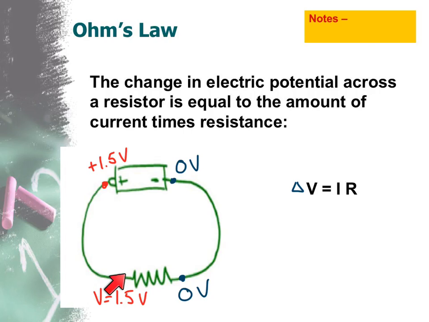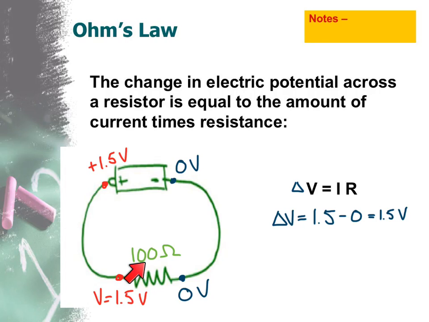So this minus this will give me my change in electric potential. That's 1.5 minus 0, which is 1.5 volts, and that is going to equal the current flowing through that resistor times the resistance of the resistor.